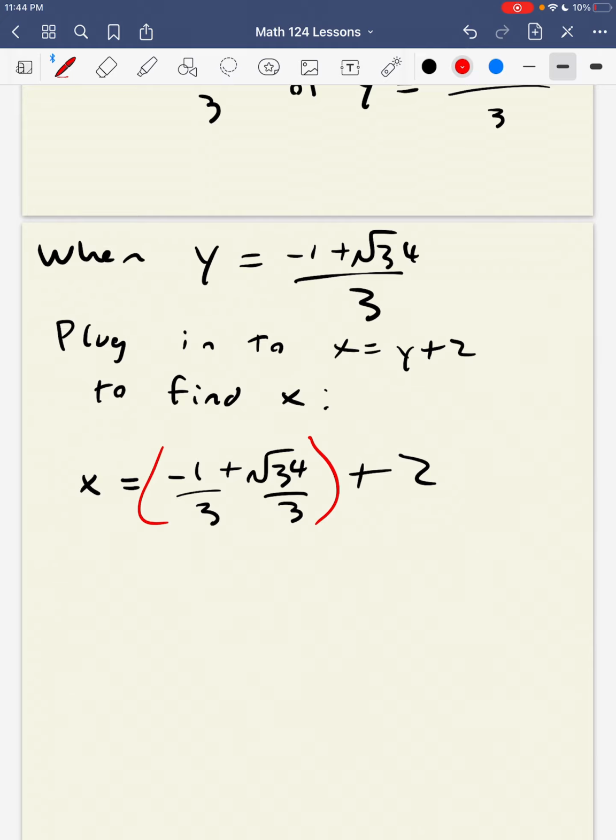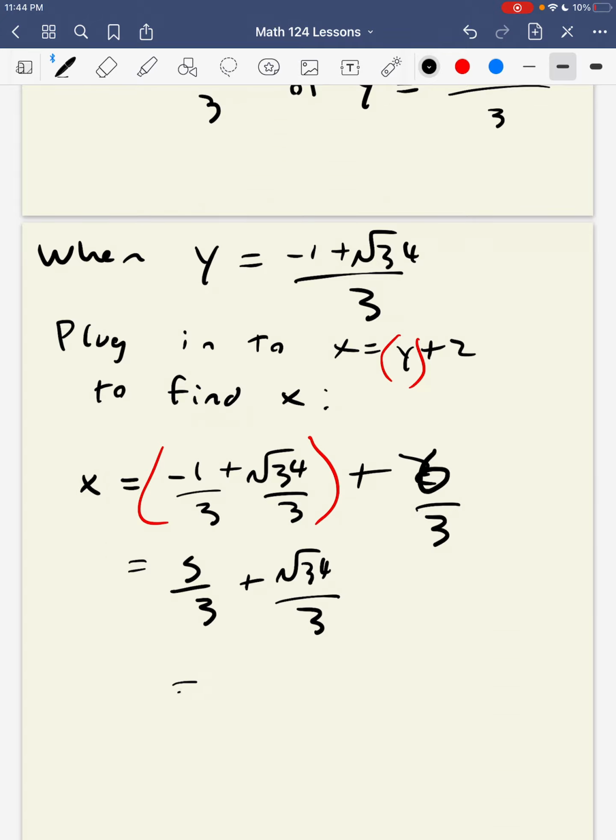Right, this is y. Right, x equals y plus 2. Okay, so x, right, think of 2 as 6 over 3. So therefore x is 5/3 plus root 34 over 3. And Pearson is really picky in this section.